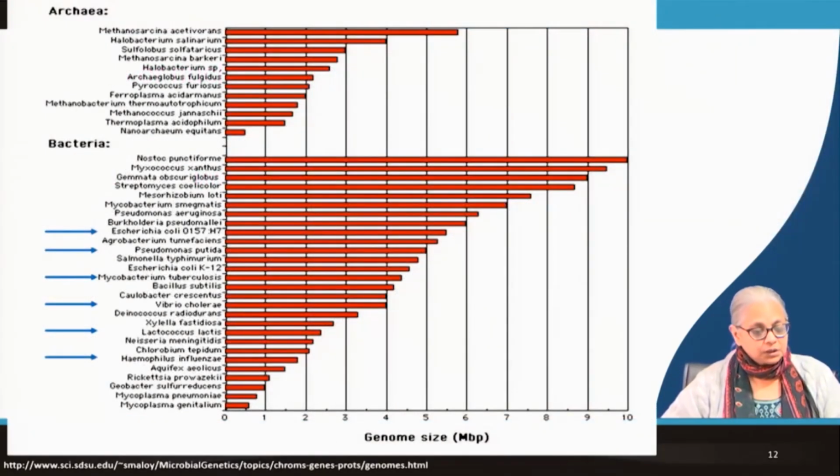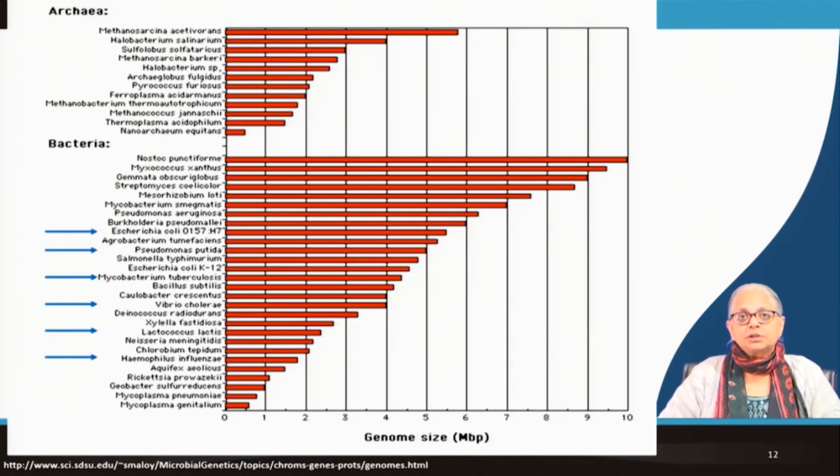All right, in this particular graph, we have a comparison of the genome sizes of archaeobacteria and bacteria. As I said, archaeobacteria go back to a much more primitive form of life, and you can see that the genome size on average is much smaller for archaeobacteria compared to bacteria.